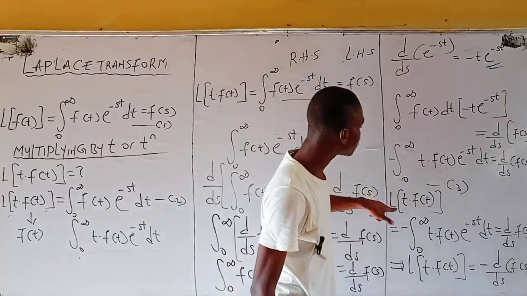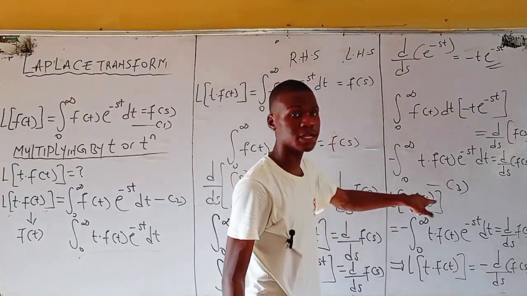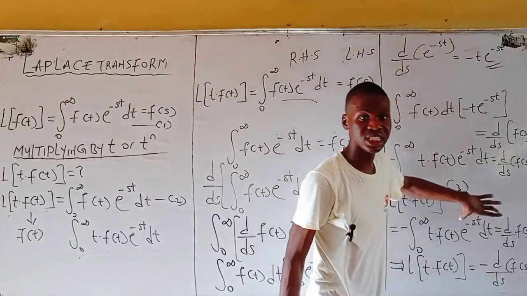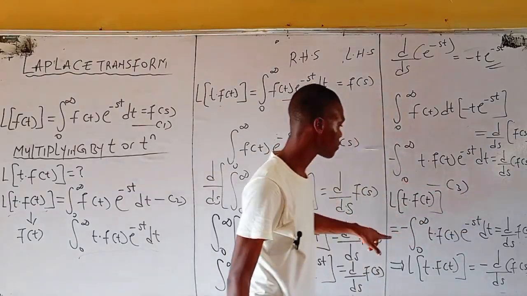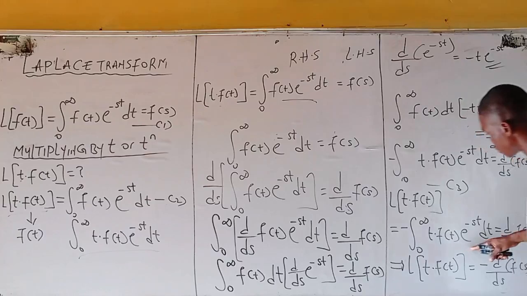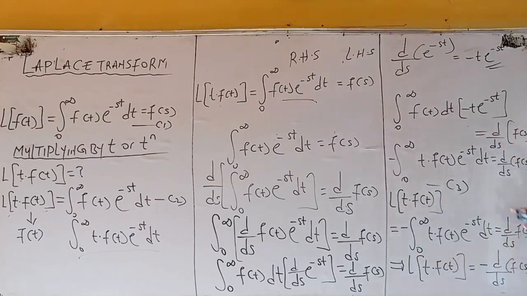Now, the Laplace transform of t multiplying f of t is equal to this integral function, but this integral function is still the same thing as the derivative of f of x with respect to x.